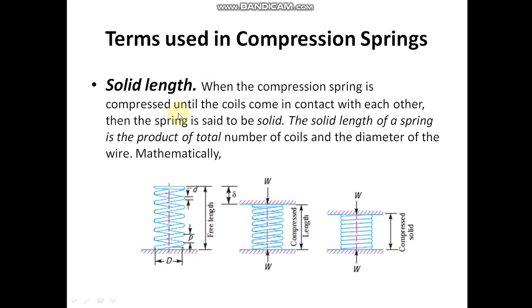When a compression spring is compressed until the coils come in contact with each other, so that there is no gap between coils, then the spring is said to be solid, and its length is called solid length. It can be obtained by the diameter of the wire multiplied with the number of turns.